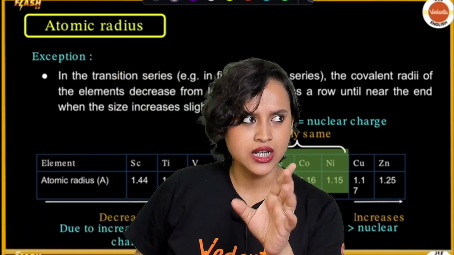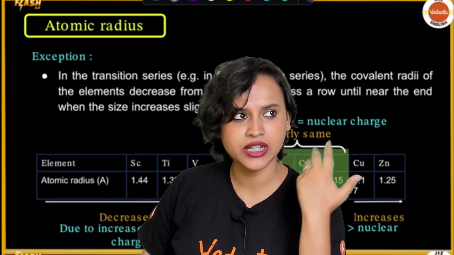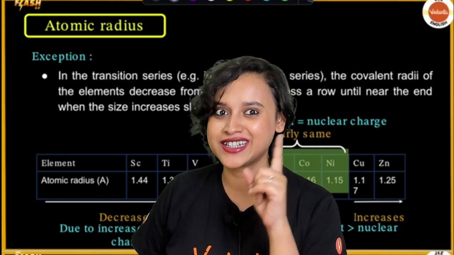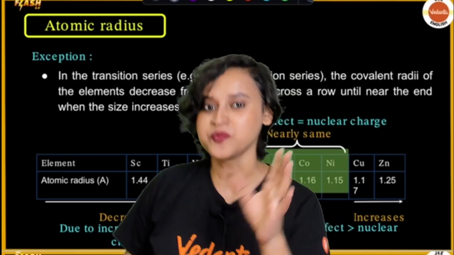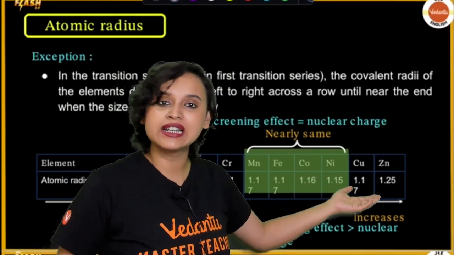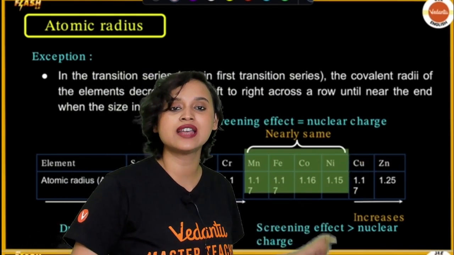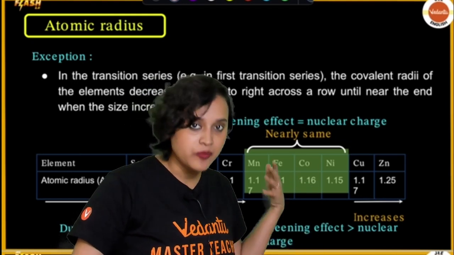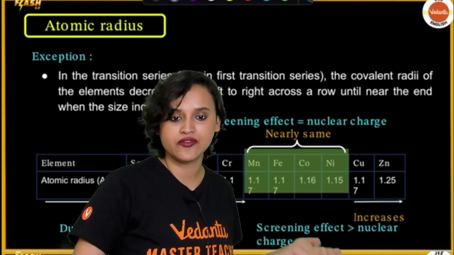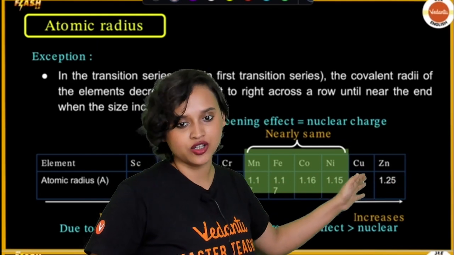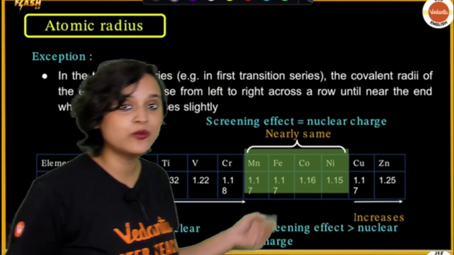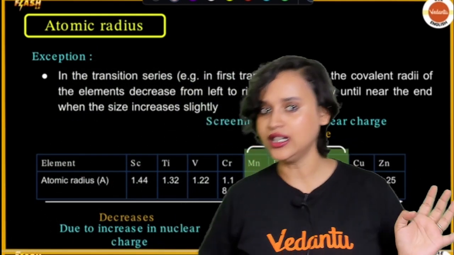One second. Screening effect is directly proportional to atomic radii. So if the screening effect increases, the atomic radii will increase. Here what is happening is the screening effect has increased, and because of the increase in the screening effect, the atomic radii also increases. That is why we see this trend in the atomic radii.